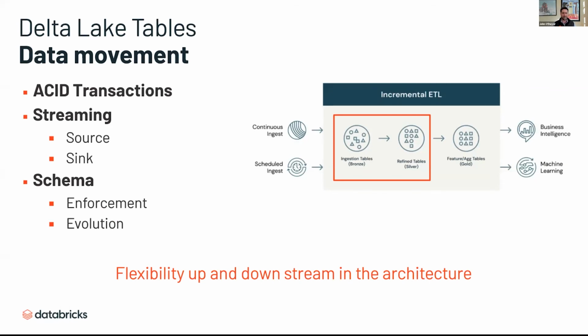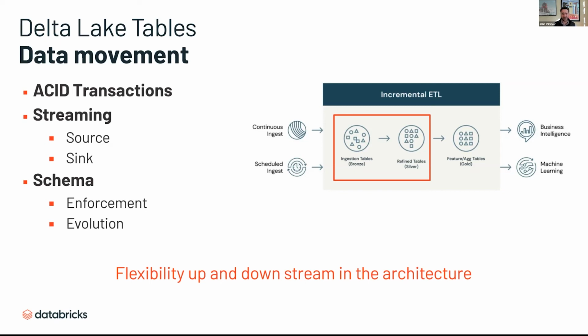The other thing, the features that allow Delta Lake to be great for incremental ETL of big data at massive scale, is the movement itself. Mostly that it can be a streaming source and sink.